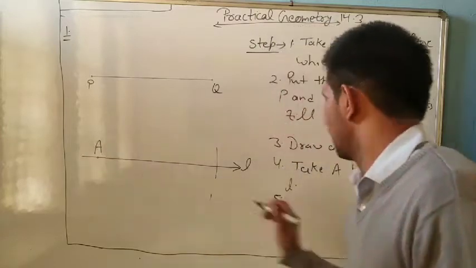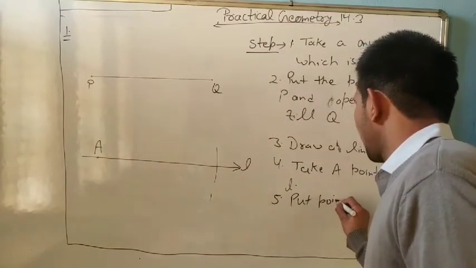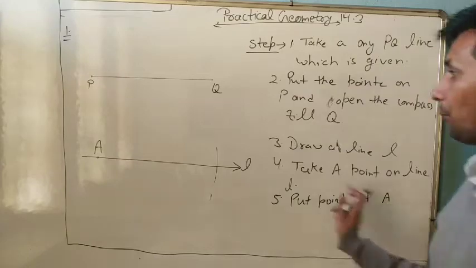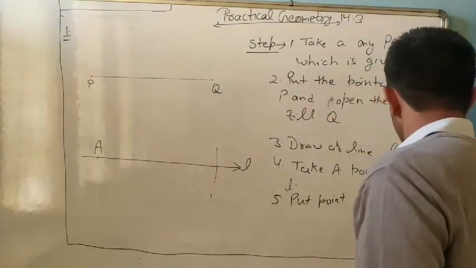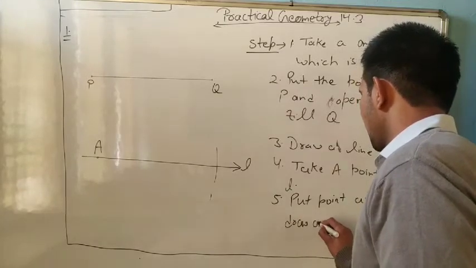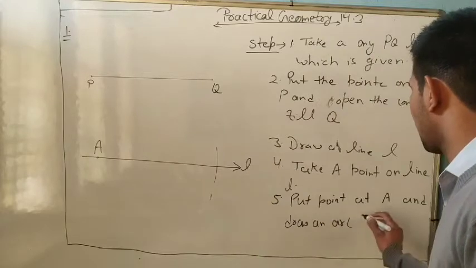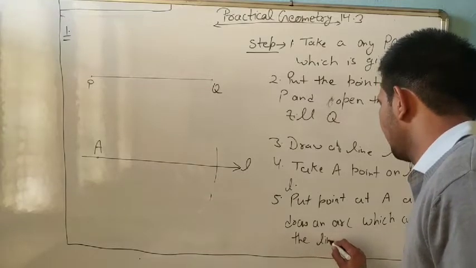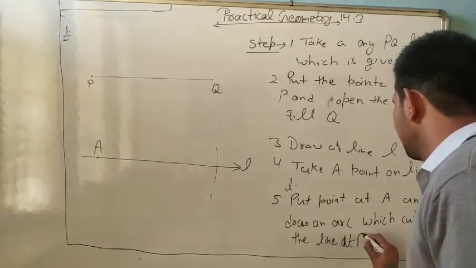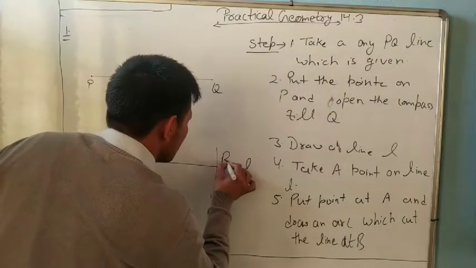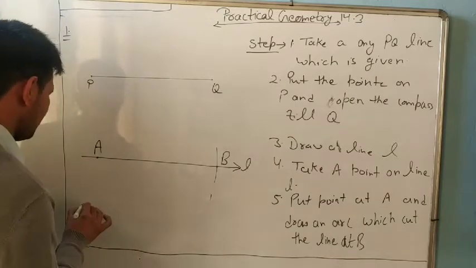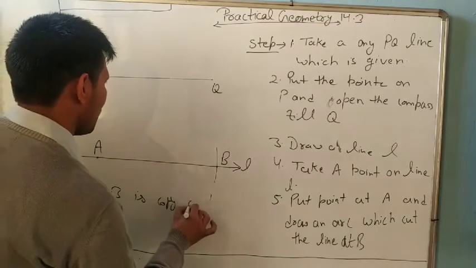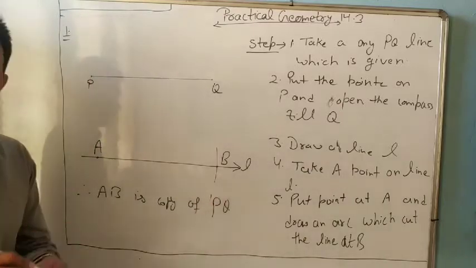You can write: put pointer at A and draw an arc which cuts the line at B. So it is B. So therefore you can write AB is a copy of PQ. Is it PQ? You can measure it.